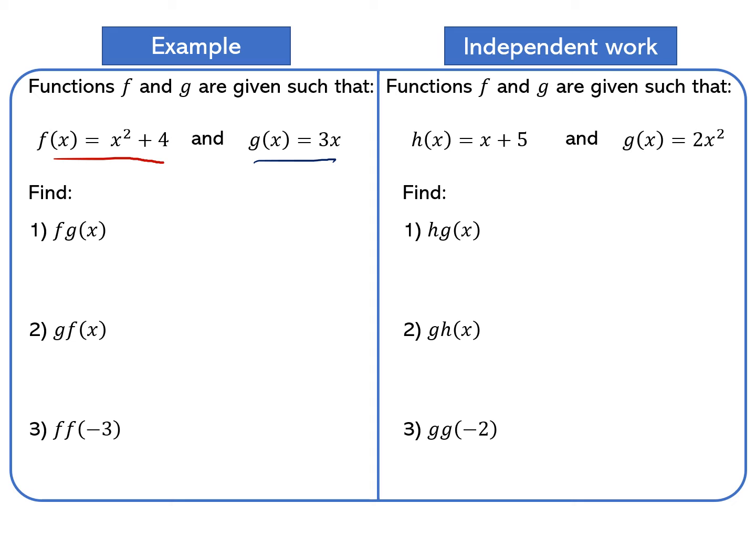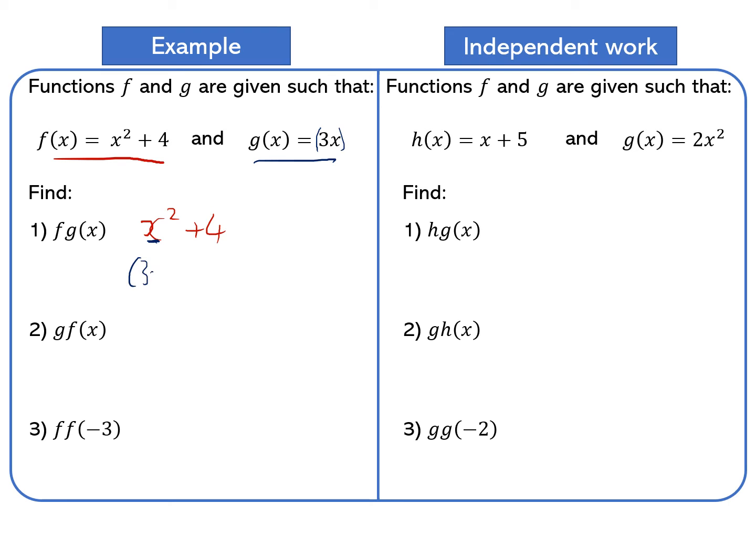Going from left to right, I see the f first, so what I'm going to do is write that down. And instead of that x, I'm going to replace that with g. I'm going to substitute that in.